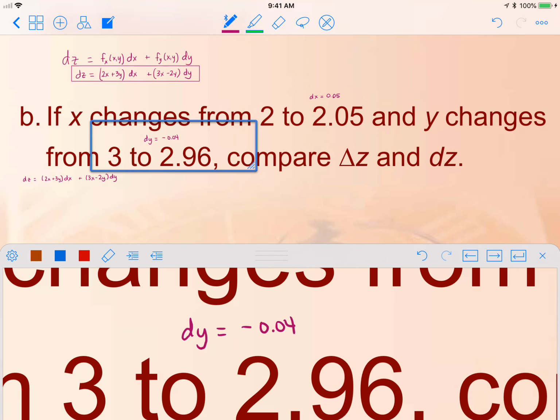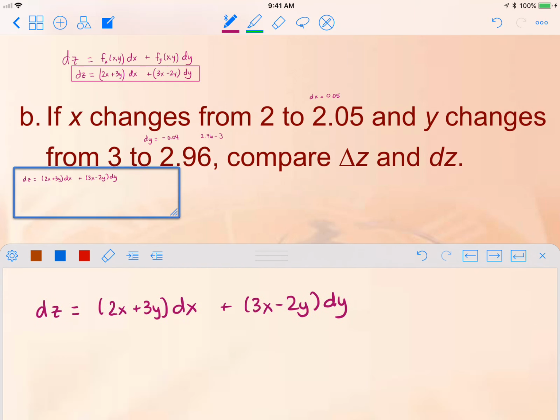Because that's going to be 2.96 minus 3. Does that make sense? Okay, so here in my formula, I've got 2x plus 3y times my dx, which is 0.05, and my 3x minus 2y, my dy is going to be negative 0.04.